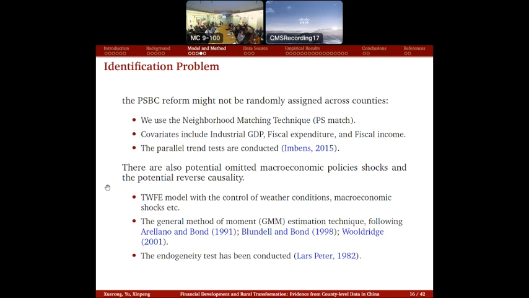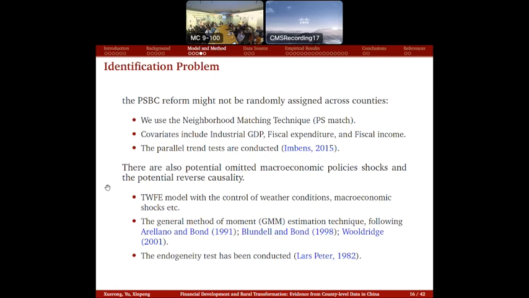So we use the PSM matching method to include variables such as industrial GDP, fiscal expenditure, and fiscal income, because we think these covariates are highly correlated with the financial reform, but not really correlated with the ALP. We also do the parallel trend test in the full sample and the matched samples.